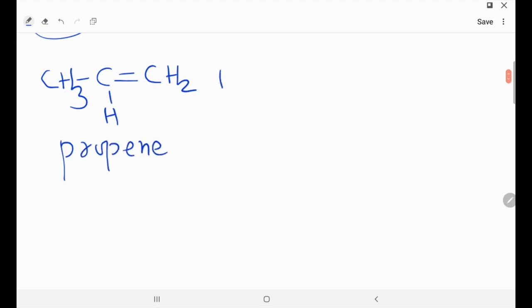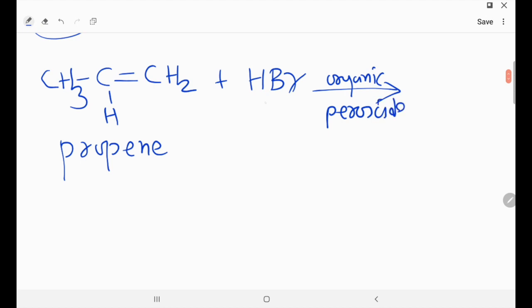Now you want to add an HBr molecule, right? In the presence of any organic peroxide, what will happen? There will be generation of an H radical and a Br radical.